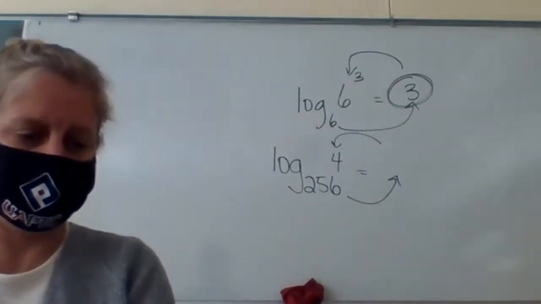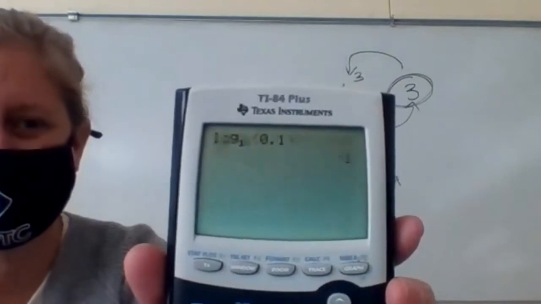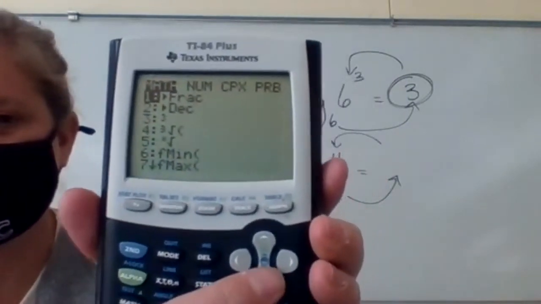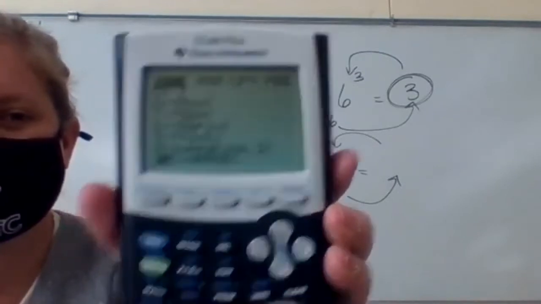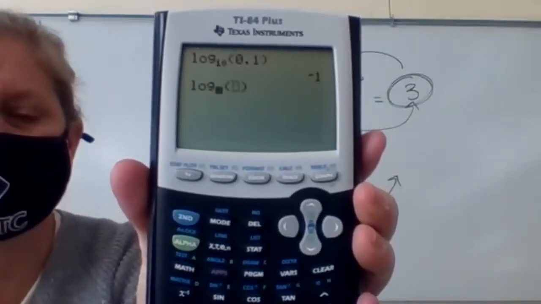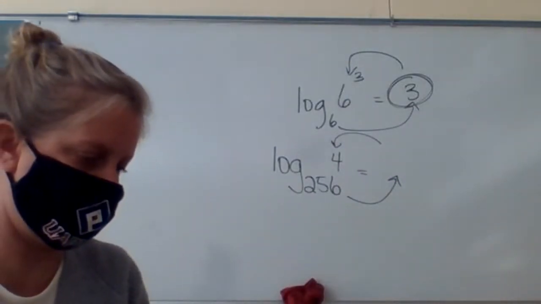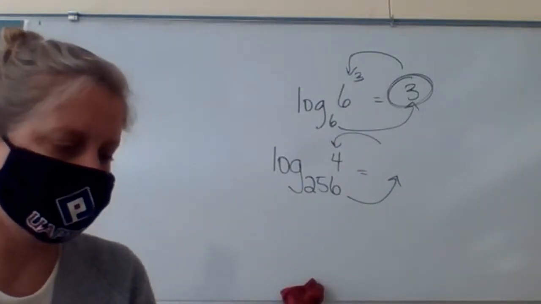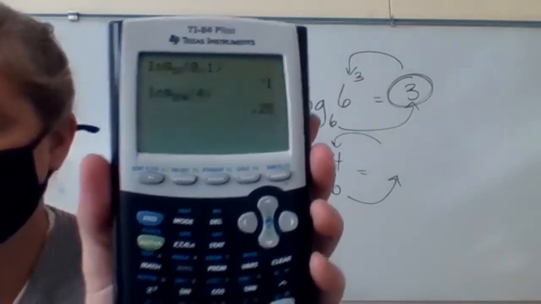So again, I can either do log base in my calculator. So math, down to A, log base, put the numbers in the right spot. So 256 and 4, it's going to give me a decimal, 0.25.